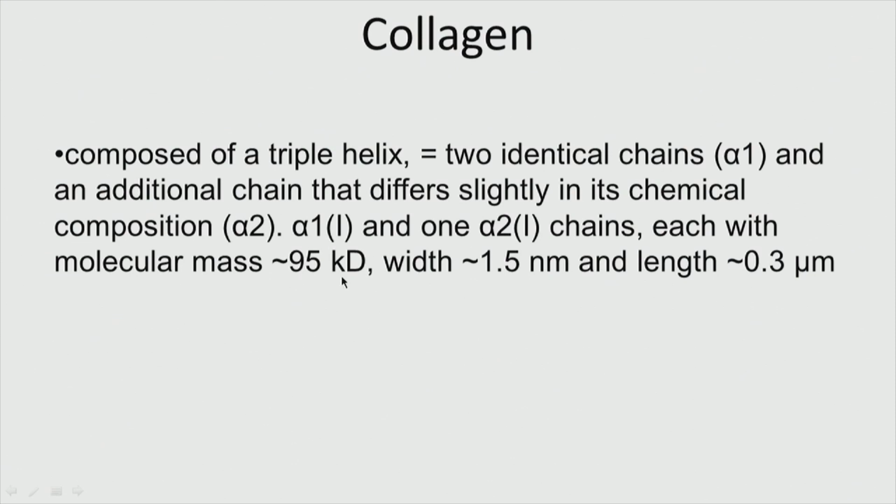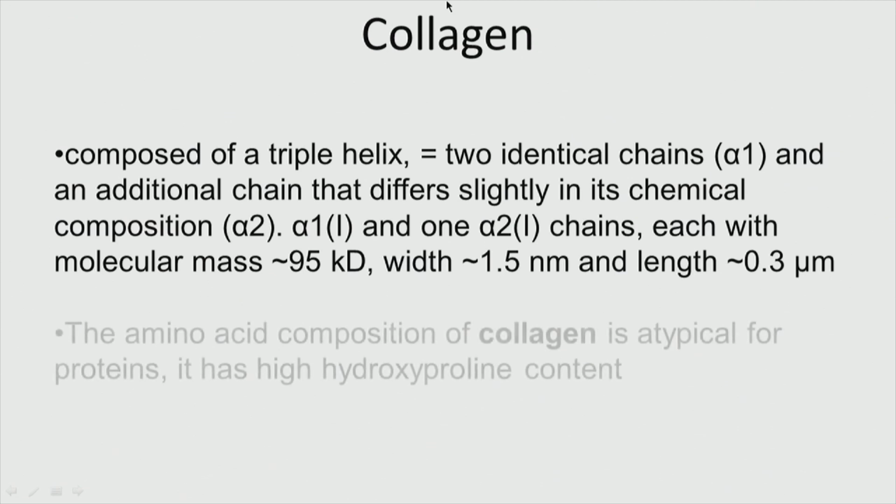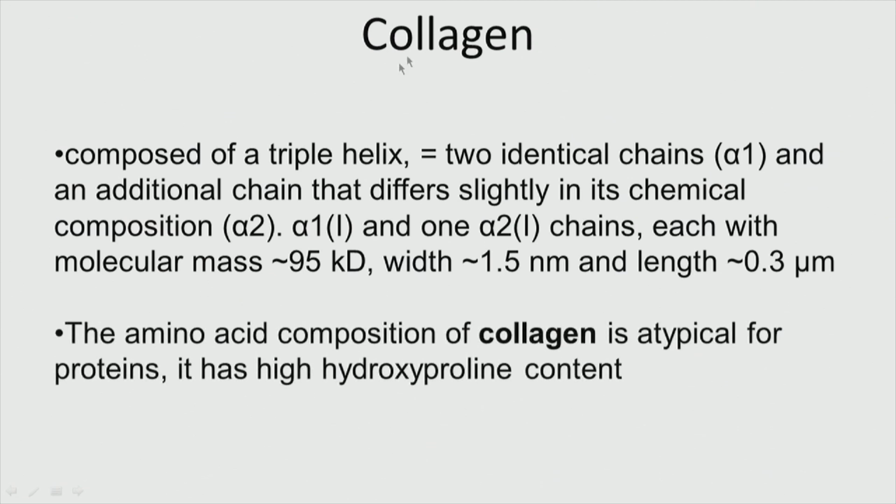So the alpha 1 has a molecular weight of 95 kilodaltons, width of 1.5 nanometers and length of 0.3 micron, okay. The composition of collagen is atypical for proteins, okay. It has a very high hydroxyproline content, okay.